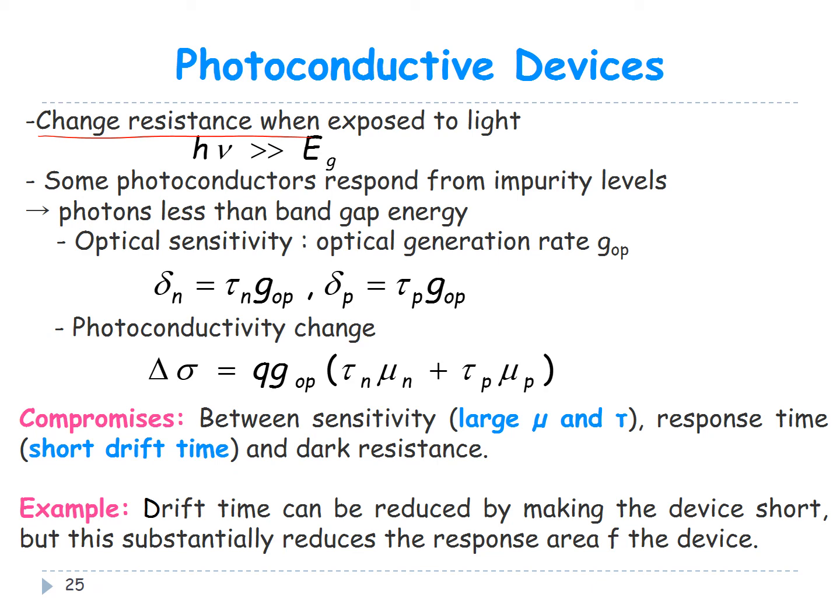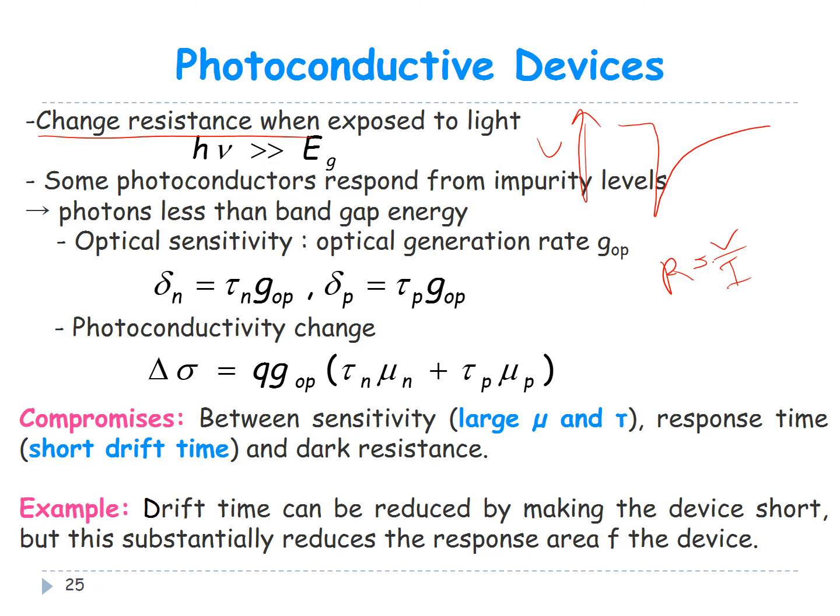Remember, in the previous slide, we looked at the voltage going to decrease and then later on increase. So in the presence of light, the voltage decreases, which means the resistance is decreased. The resistance is equal to voltage over current, so if V decreases, the resistance is also going to decrease.